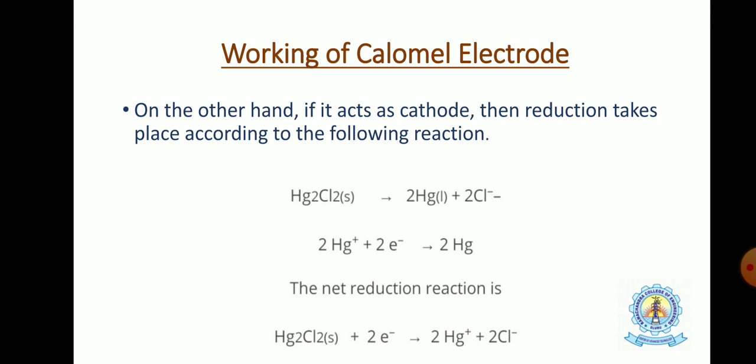In this case, you will observe that chloride ions are released in this reaction. In the previous reaction, that is the anodic reaction, chloride ions were participating in the reaction. Here, the chloride ions are released. That means the concentration of the saturated KCl will increase when the calomel electrode is acting as cathode.